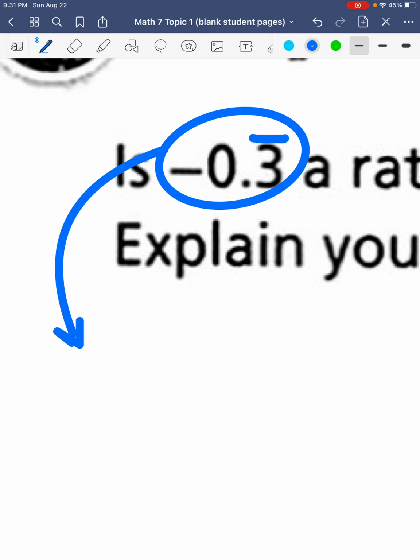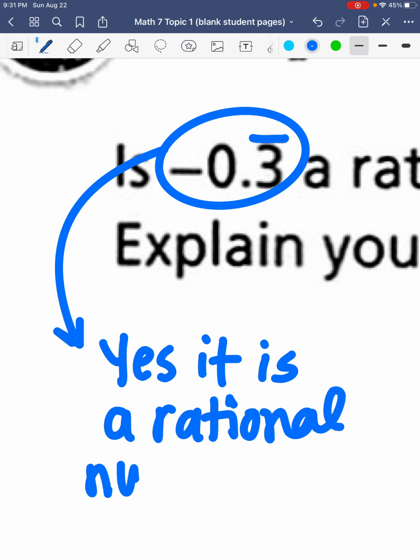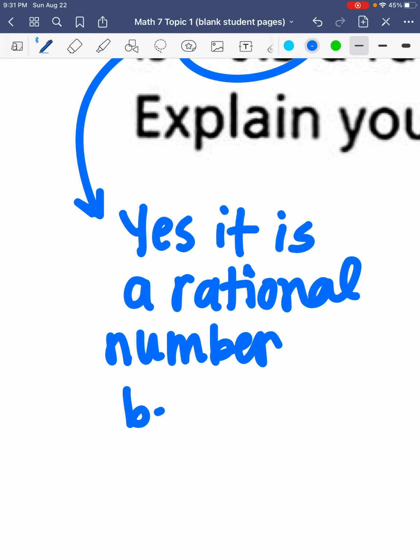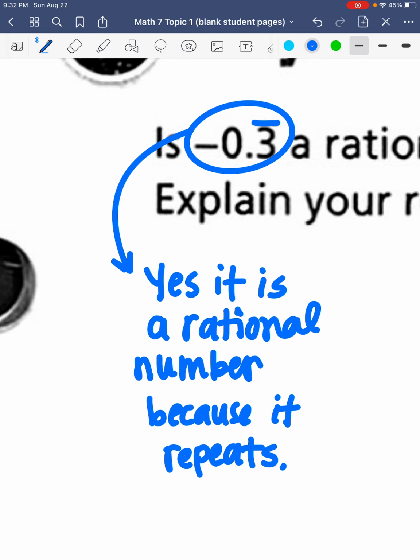So I would say yes, it's a rational number, because it repeats infinitely. It's going to keep going on forever and ever.